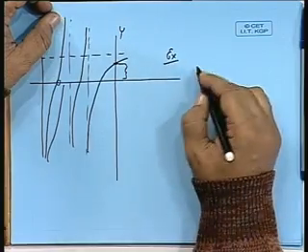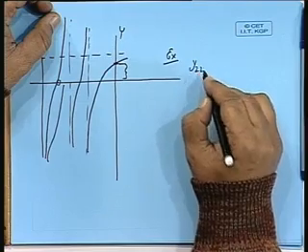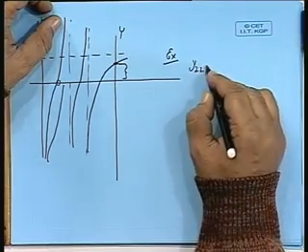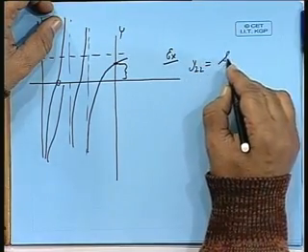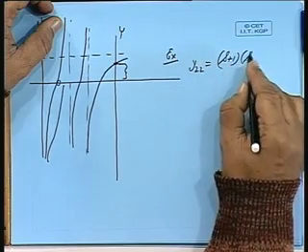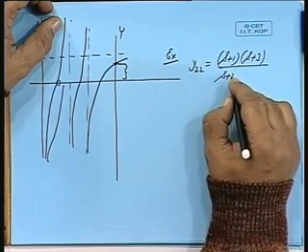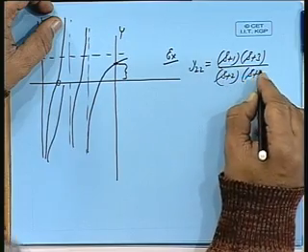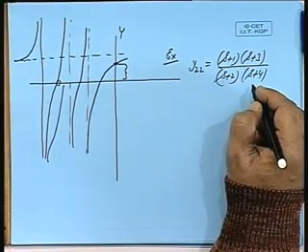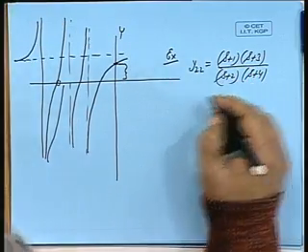Let us take up an example. You are given y22 as s plus 1 into s plus 3 divided by s plus 2 into s plus 4, okay.